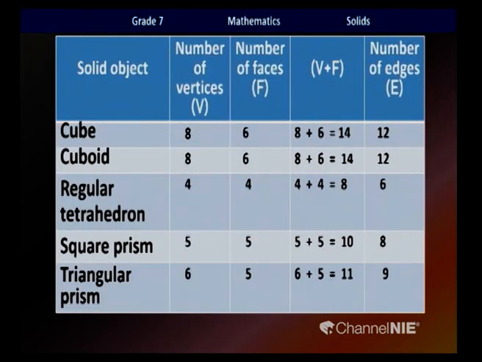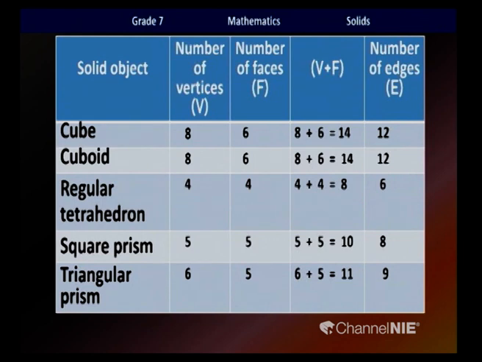In the cube, the addition of the number of vertices and faces is 14 and we have 12 edges. So, the difference between the addition of the number of vertices and faces and the number of edges equals 2. Once again, we will compare the cuboid.